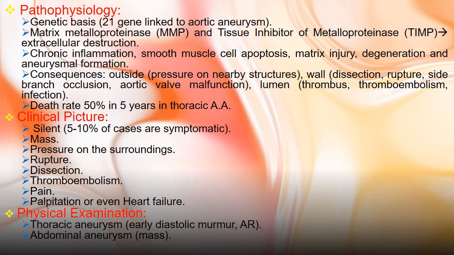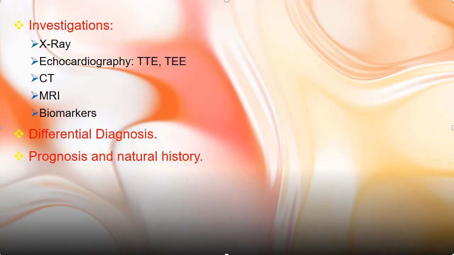So we can find a lot of findings depending on the site and the effect of the aortic aneurysm. The investigations for cases of aortic aneurysm are as for every cardiac patient: ECG, chest X-ray, and echo.